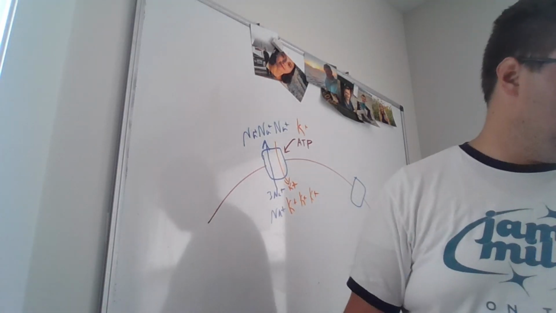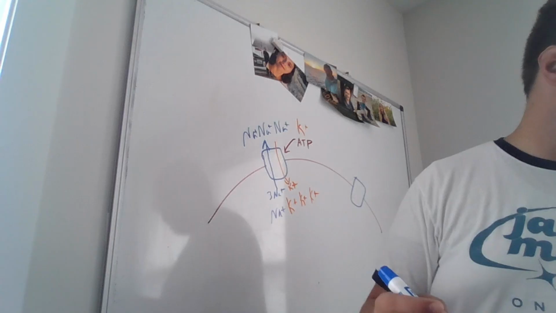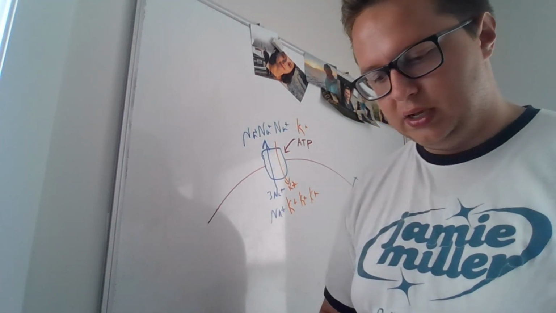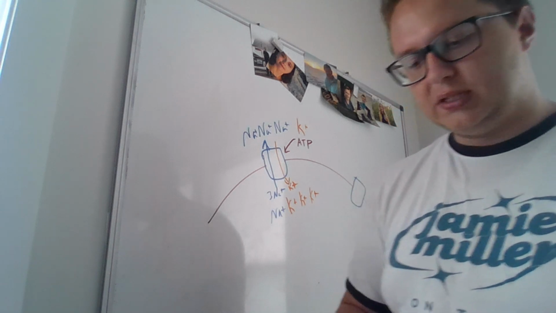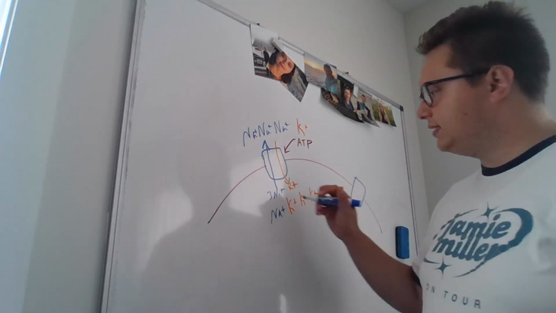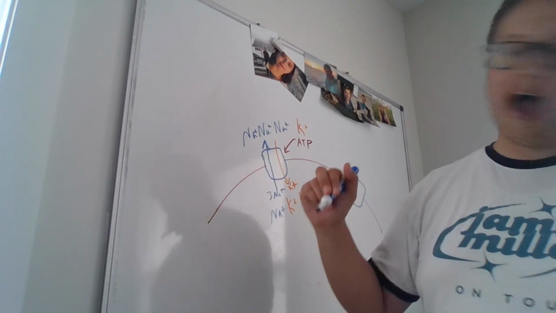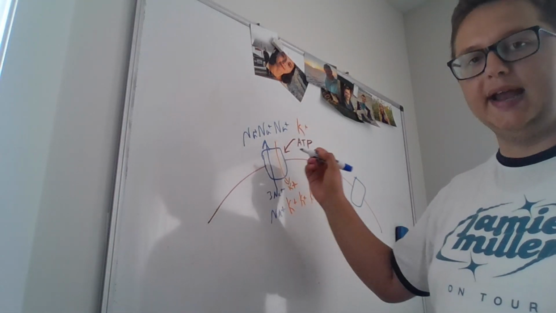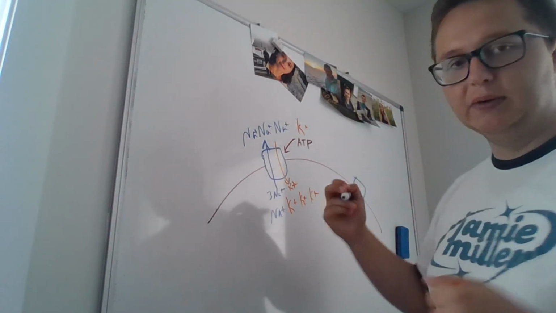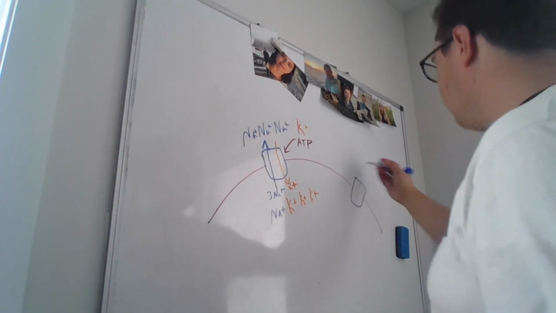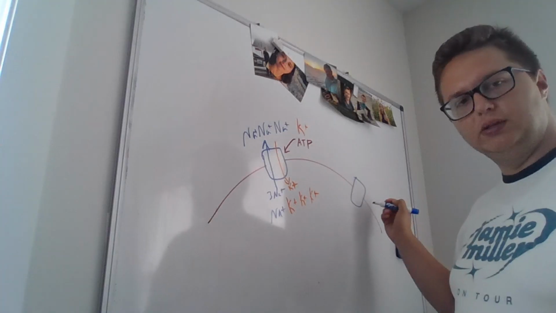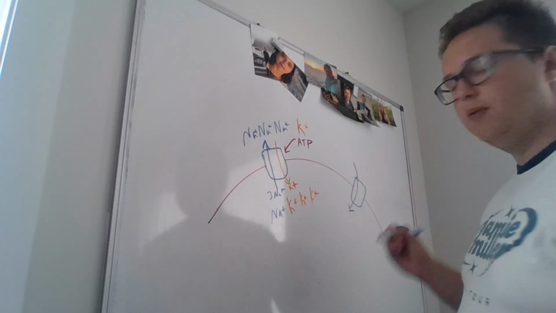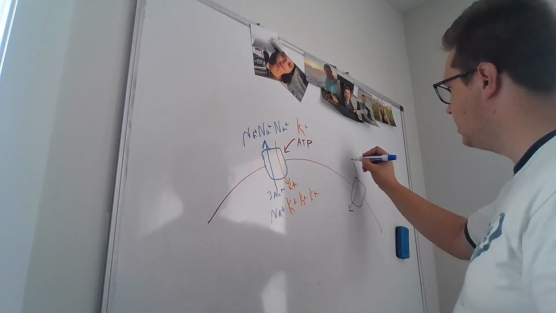For instance, we'll also have a glucose symporter. So we have a lot more extra sodiums outside. These sodiums, they really want to get inside now. So over here we'll have a glucose symporter. So we have sodiums trying to equal out their concentration gradient.